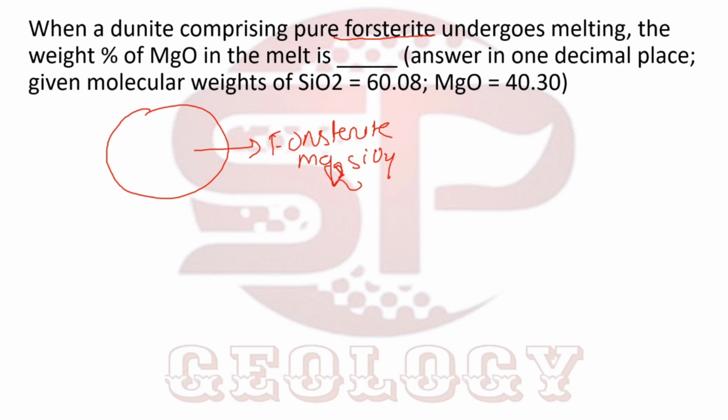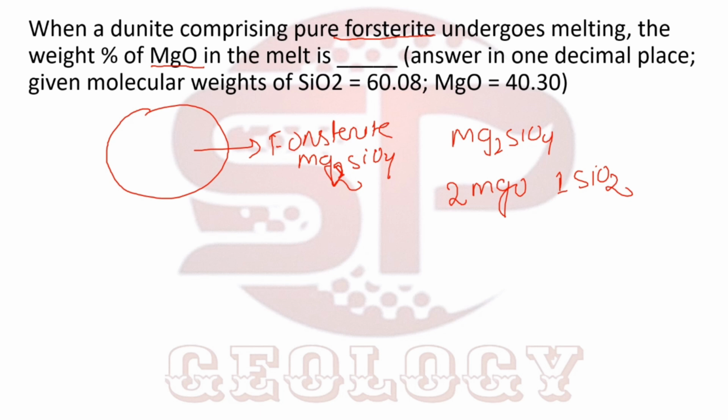So we have to calculate the MgO percentage within forsterite, because the melt contains all of it.